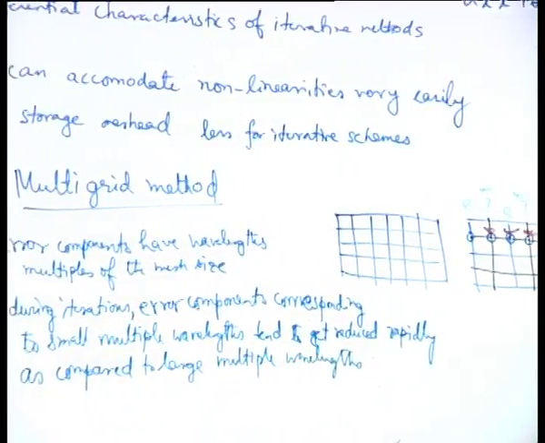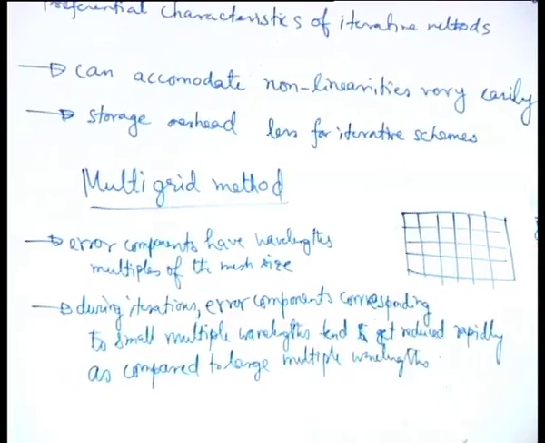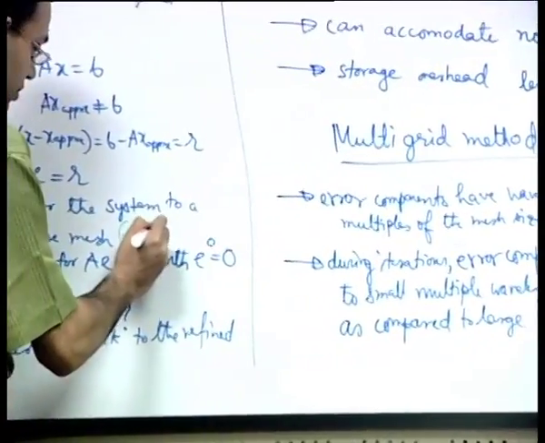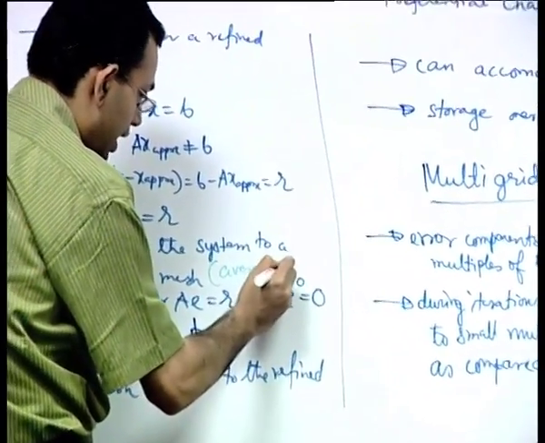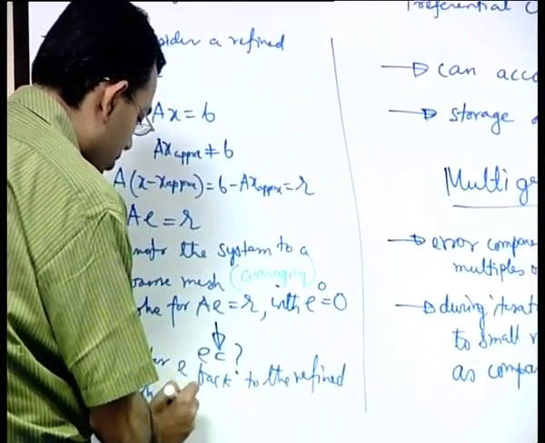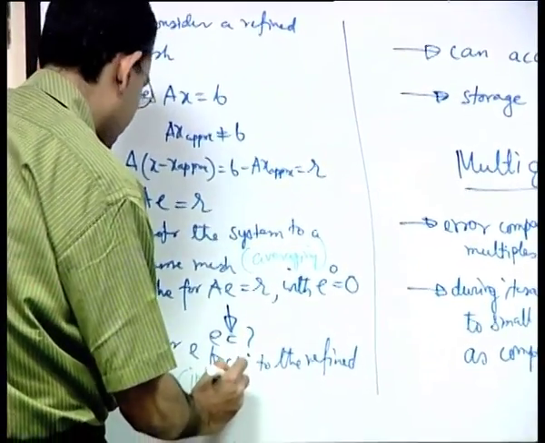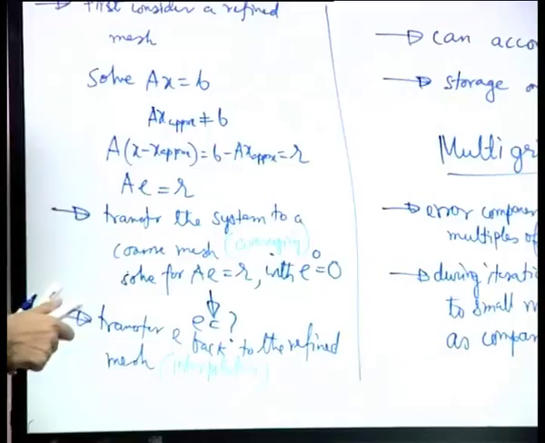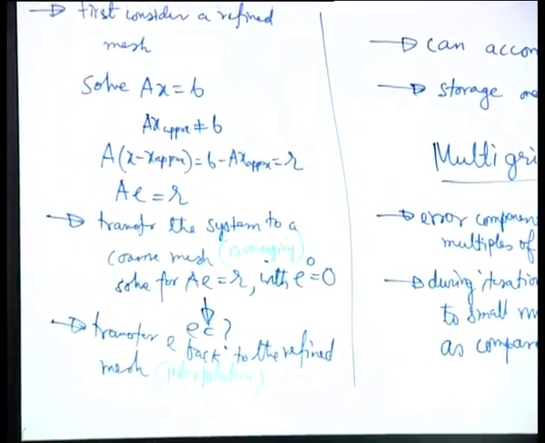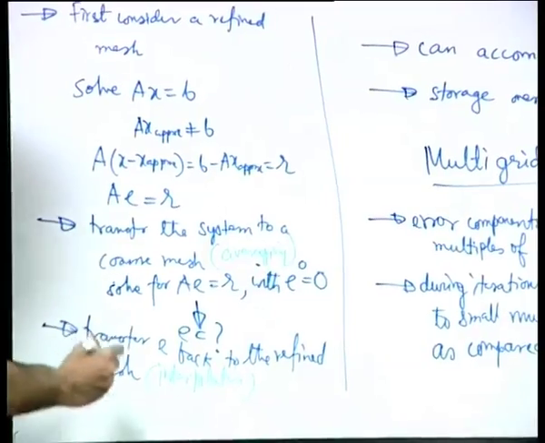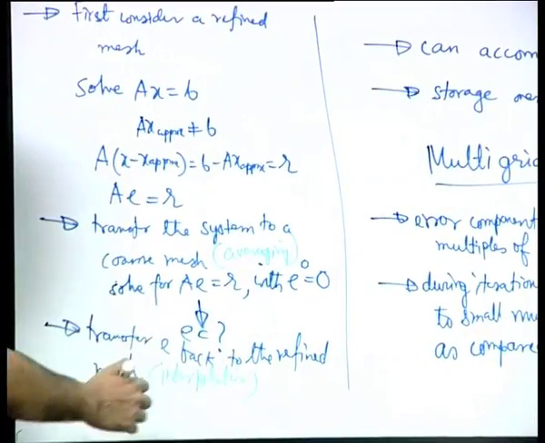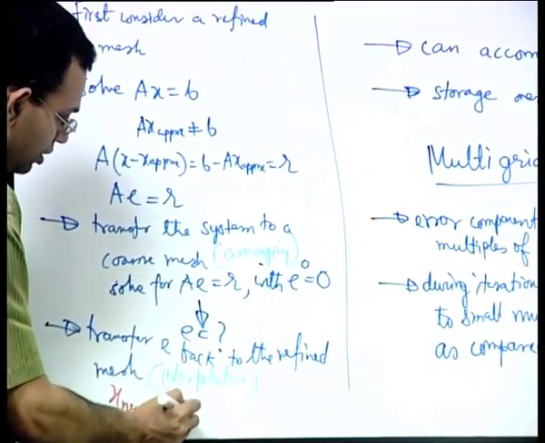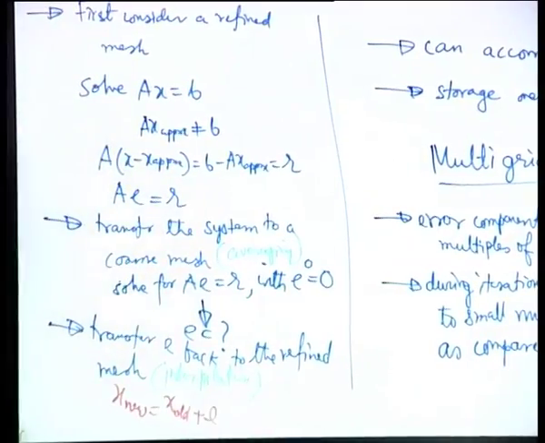So when you transfer to the coarse mesh you require some averaging technique, and when you transfer back to the fine mesh you require some interpolation technique. And then if you know the error, you have x new is equal to x old plus error.